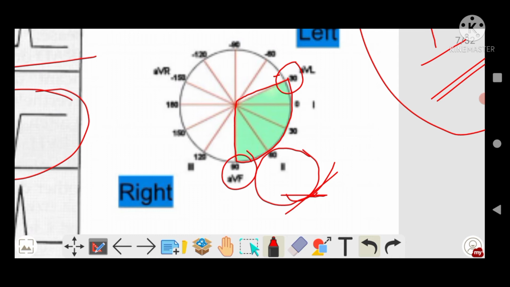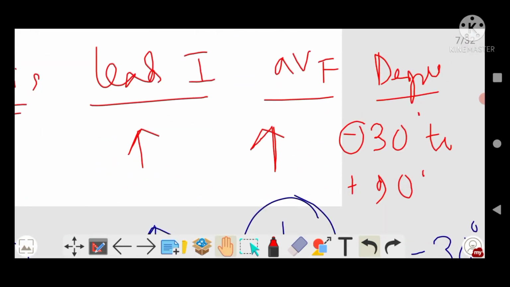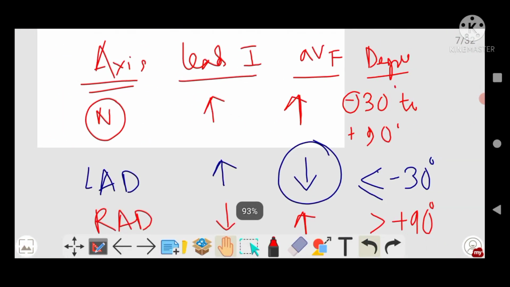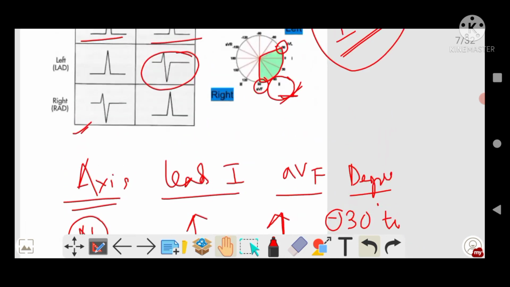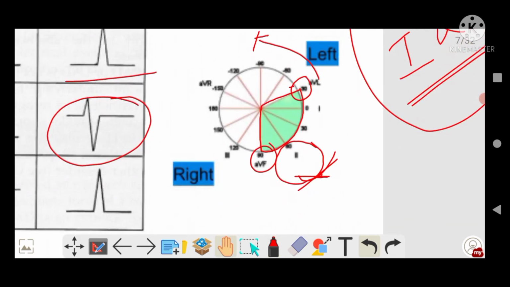Now in left axis deviation, you will see changes in lead 2 or aVF, because these leads are placed on your left side, and the degree will be less than or equal to -30, somewhere here. This will be your left axis deviation, right? And in right axis deviation, the degree will be more than +90, somewhere around here.